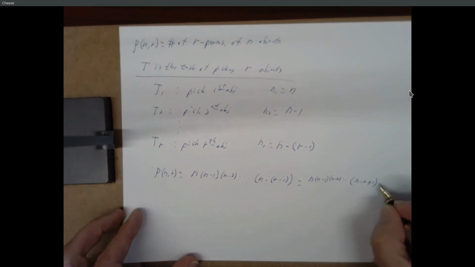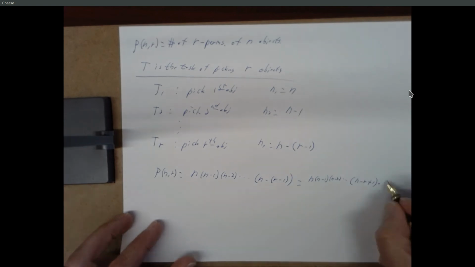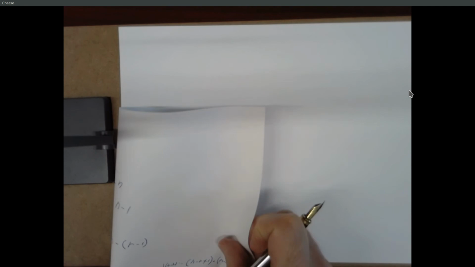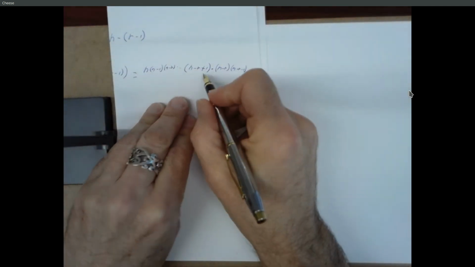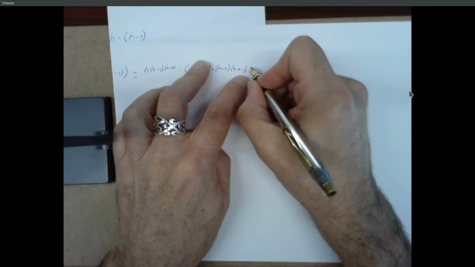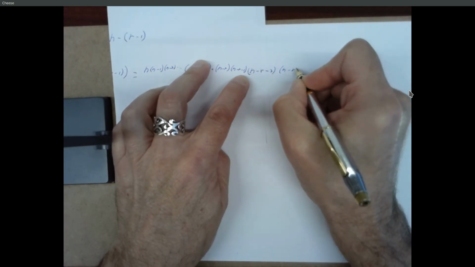And I'm going to multiply this by some more stuff: n minus r, n minus r minus 1, n minus r minus 2, and so on.